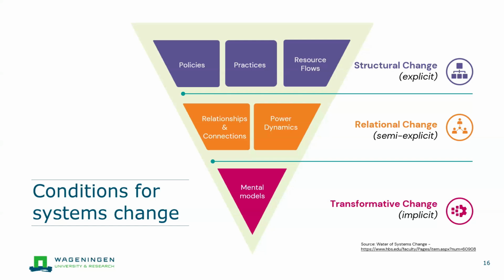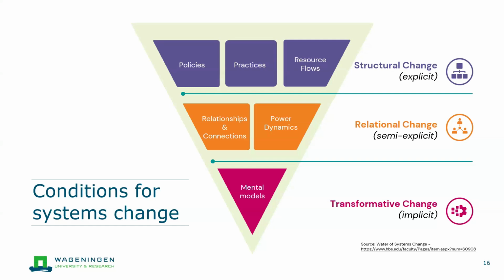But there are also levels of change that are more relational, which are about how we change the dynamics in the system between different stakeholders. How do we change the relationships and connections between the different players in the system? That's a level that also has a lot of influence on how a system works and what outcomes it produces.